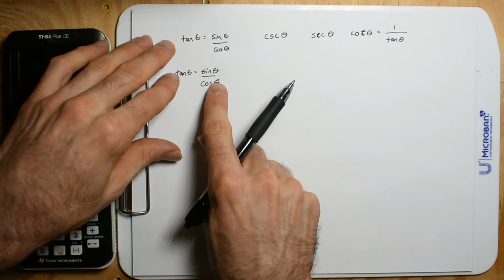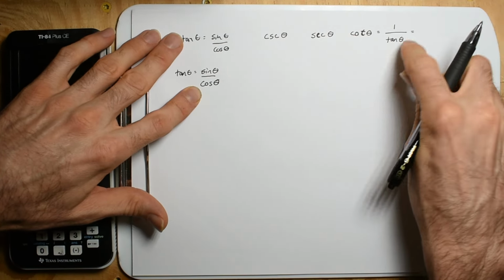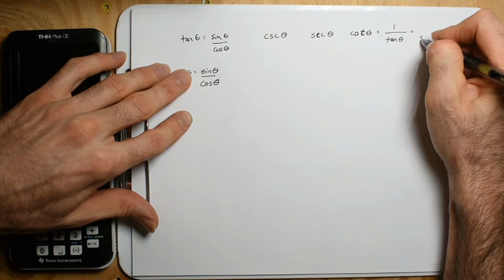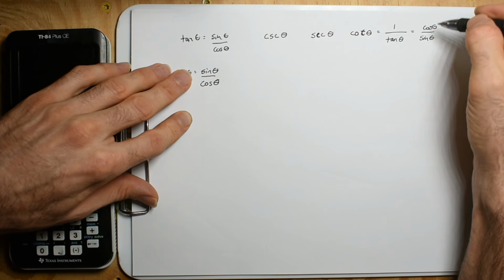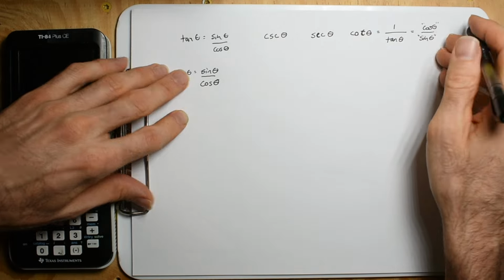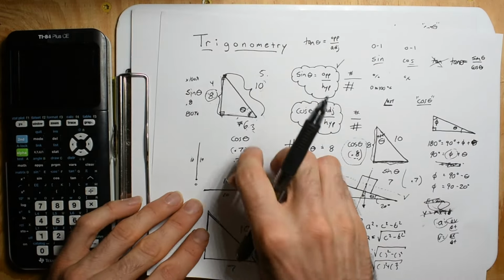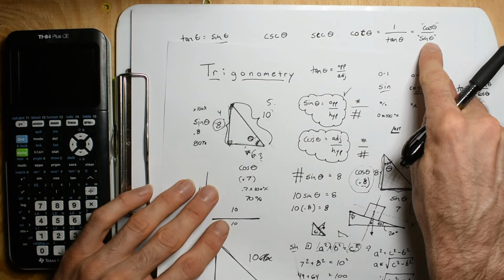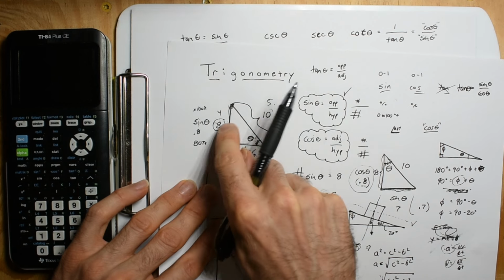Because now if I do cotangent, well, hey, let's just replace this tangent with this equation, sine over cosine. This is just going to be sine theta divided by cosine theta. And now, if you're doing problems, hey, look at this. We have sines and cosines. We know where those come from. They're fractions of a hypotenuse. They're a relationship between, this sine theta is the fractional component of that hypotenuse.